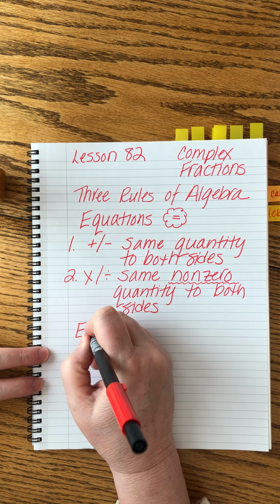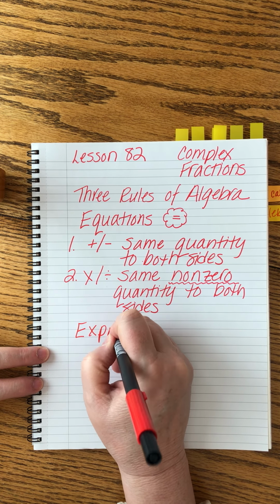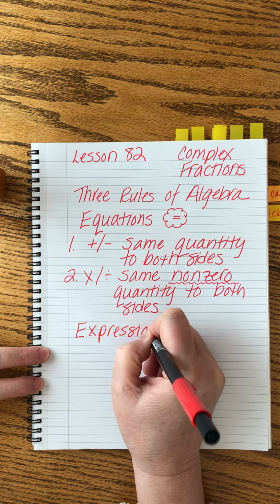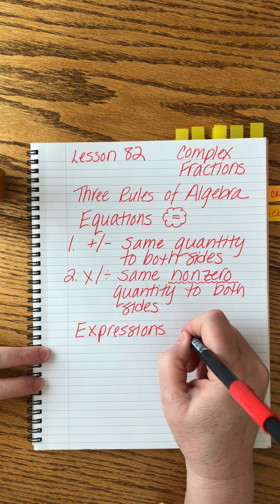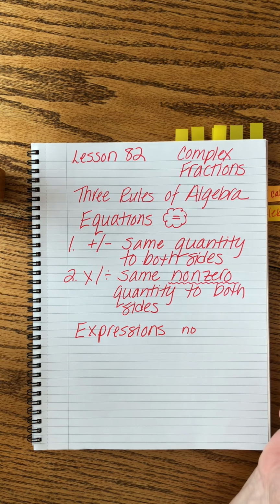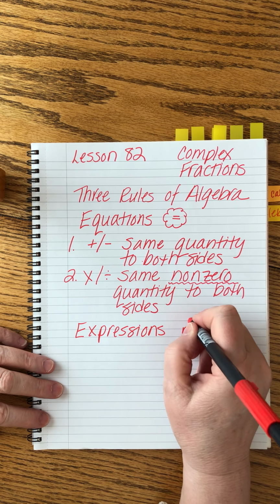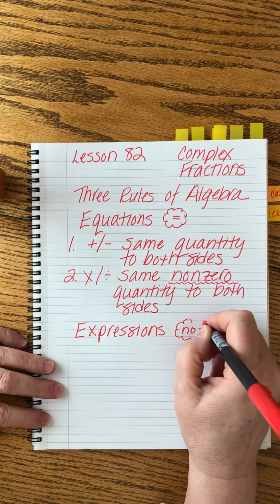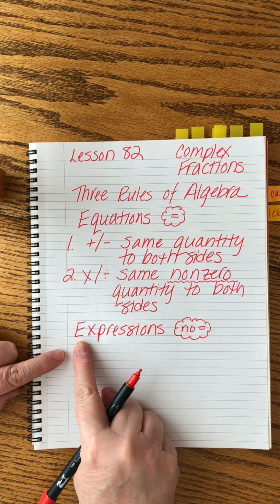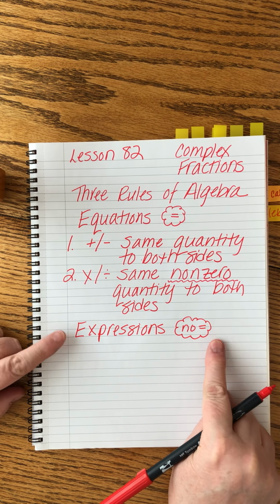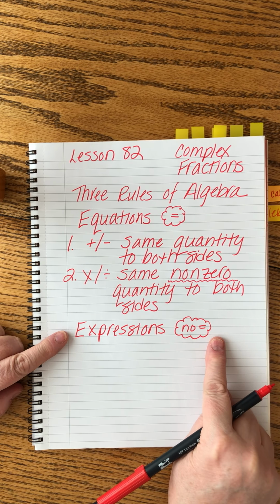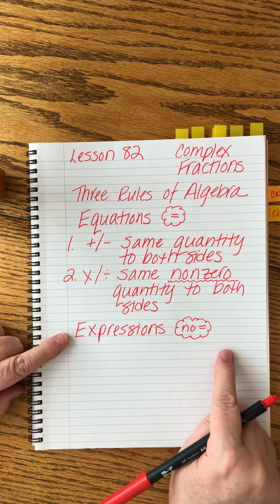The third rule is for expressions. And we know that expressions are algebraic sentences, if you will, that do not have an equal sign. And P.S., our complex fractions are this category. They do not have equal signs. So this is the rule we'll be looking at today.